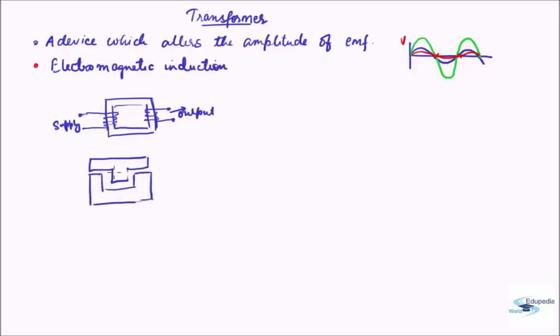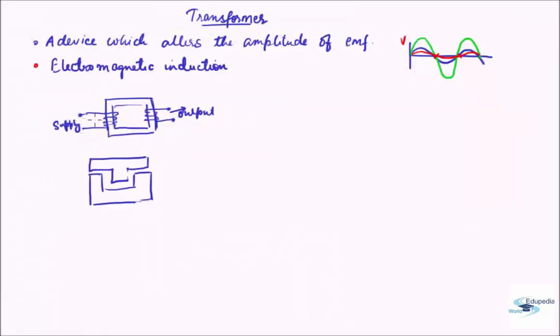Each plate is laminated either using a paint or sometimes varnish. These plates are placed together to constitute the core of a transformer. So that is our basic construction.